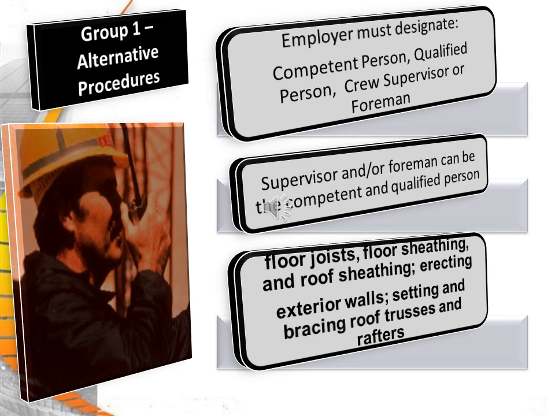The employer must designate a competent person, qualified person, crew supervisor or foreman. The supervisor and/or foreman can be a competent and qualified person. Floor joist, floor sheathing, and roof sheathing, as well as erecting walls, setting and bracing roof trusses, and rafters should be among his knowledge base.